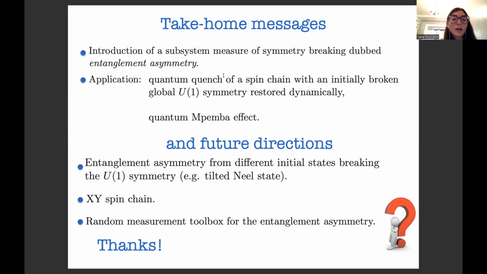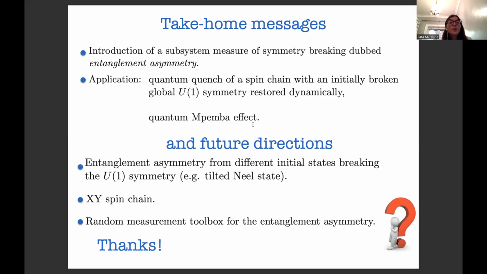We have shown three nice features that the entanglement asymmetry has in this particular context, and one very interesting and counterintuitive feature is this quantum Mpemba effect.